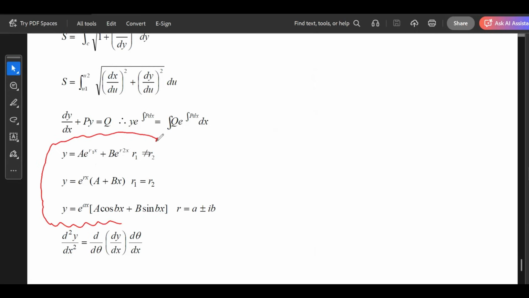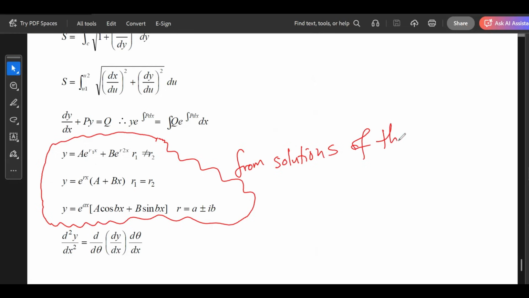These typical solutions are what is referred to as the complementary function. The complementary function is taken from the solutions of the auxiliary equation that we formed.